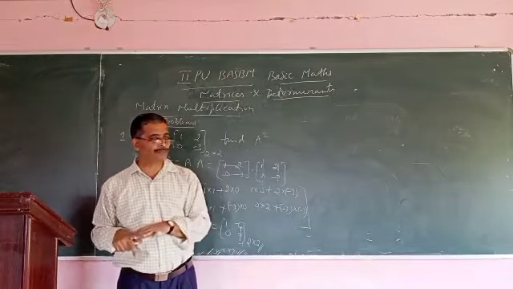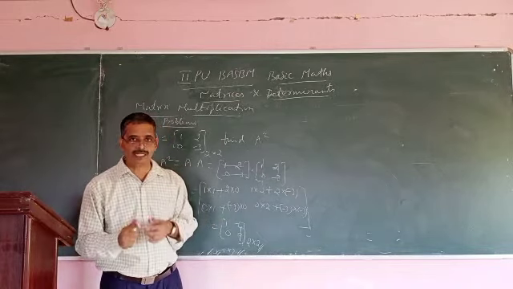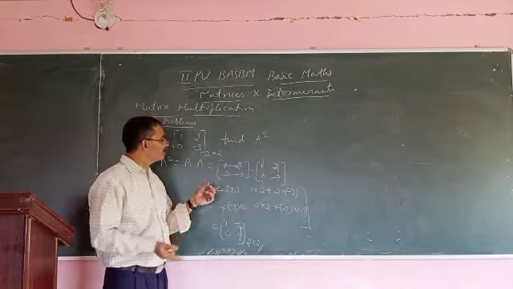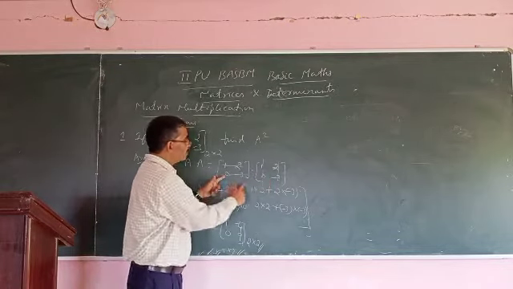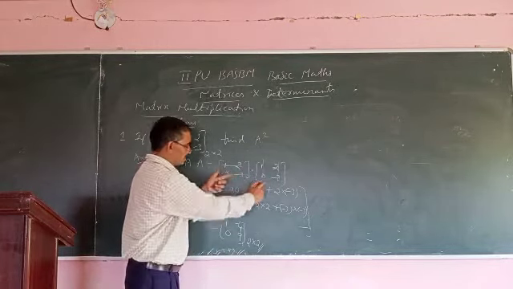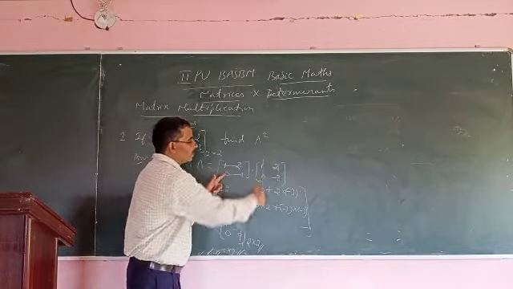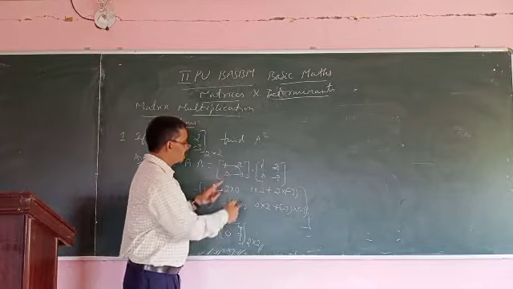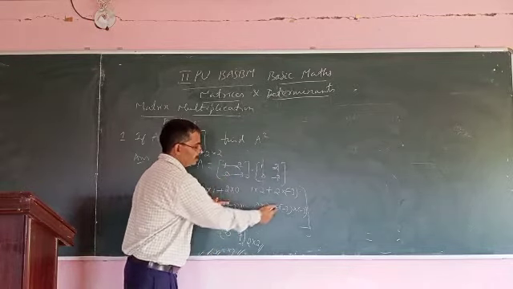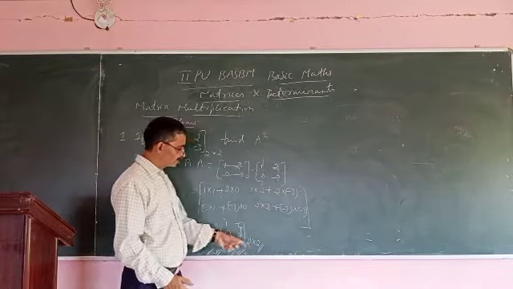Once the columns are completed, go to the next row. What is the next one? Second row into first column: 0 into 1, minus 3 into 0. So the first column is over. Next, second row into second column: 0 into 2, minus 3 into minus 3. So we will get 1, minus 4, 0, 9.